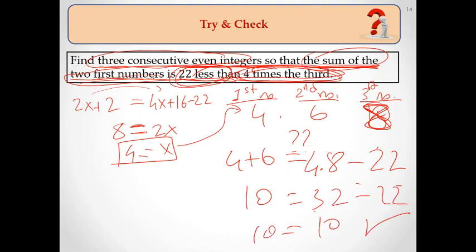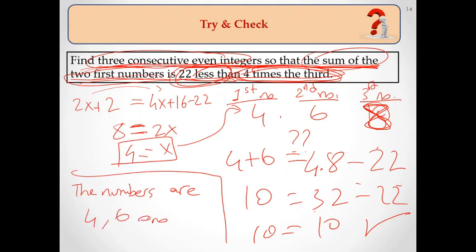Yes, this is true. So this is a solution. You have to write in this wording: the 3 consecutive integers with the given property are 4, 6, and 8.